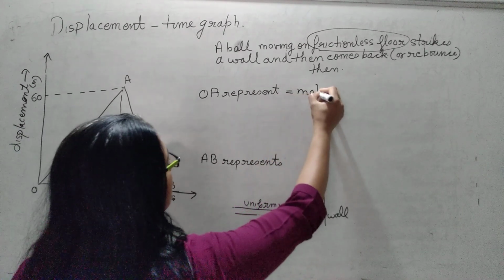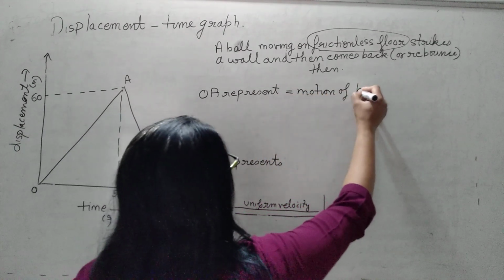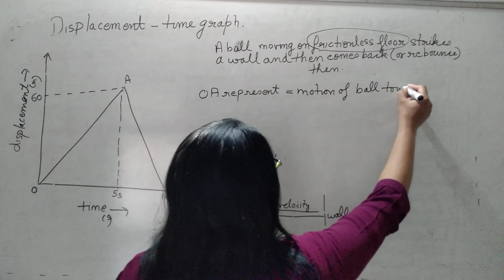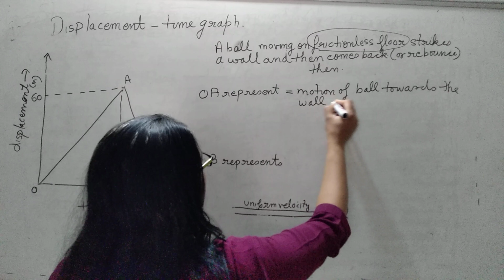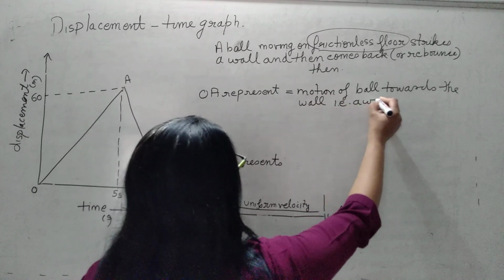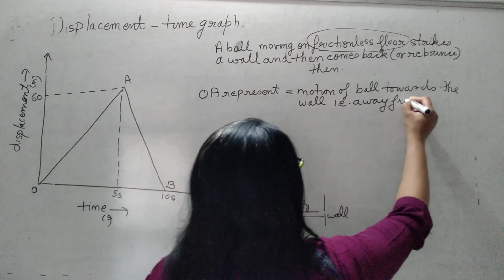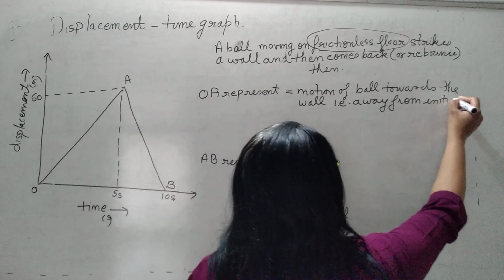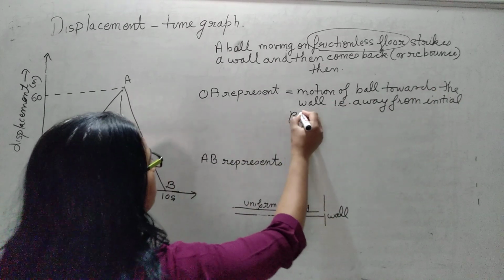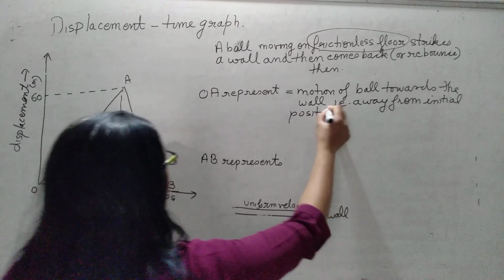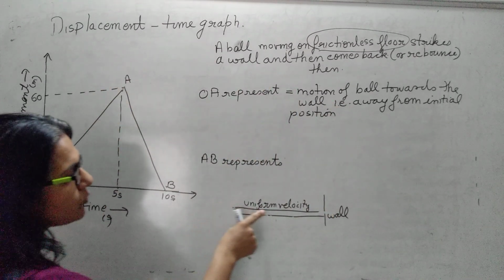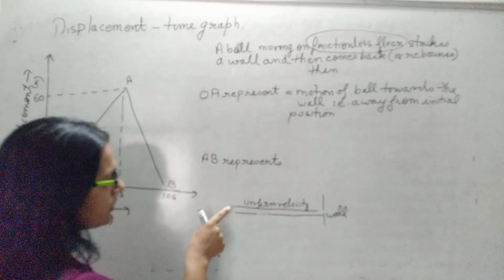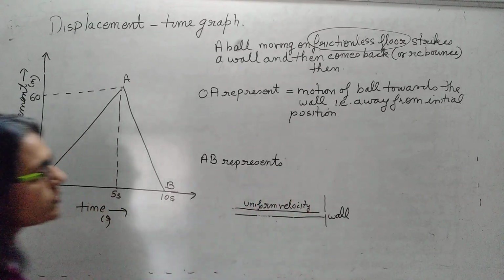This is the motion of the ball towards the wall, or you can say that it is away from the initial position. So what does this OA represent? When the body is moving towards the wall, away from the initial position.